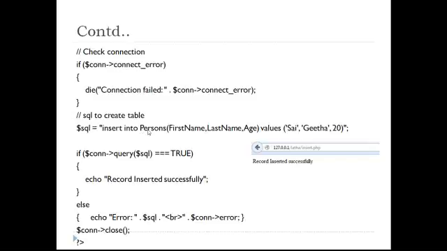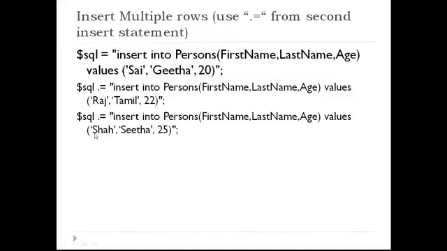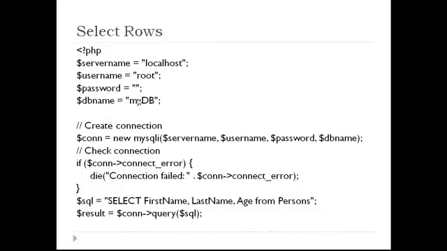If you want to insert multiple rows in one single code, then the first query is $sql equal to, and for the subsequent insertions you have to specify $sql dot equal to, like this. So there is an option for inserting multiple rows into the table. And you have inserted the data into the database.